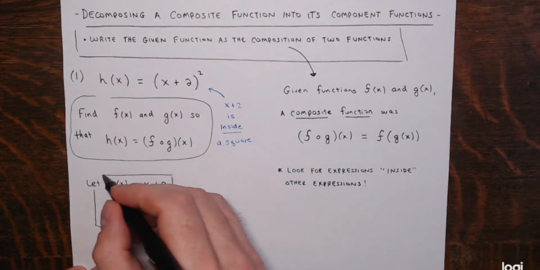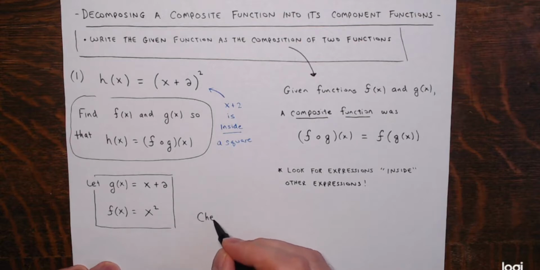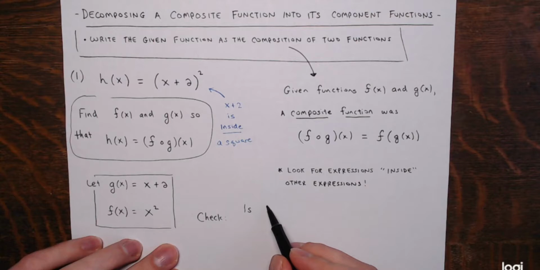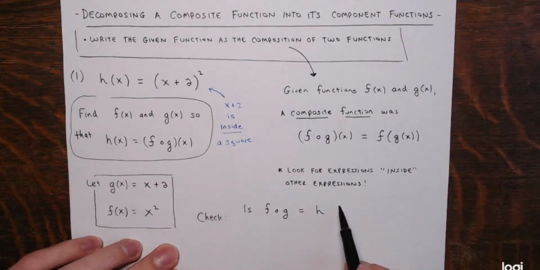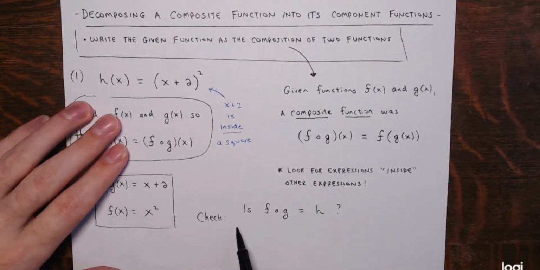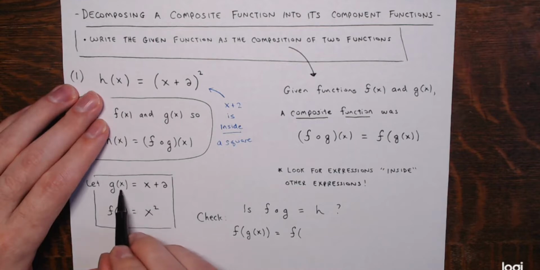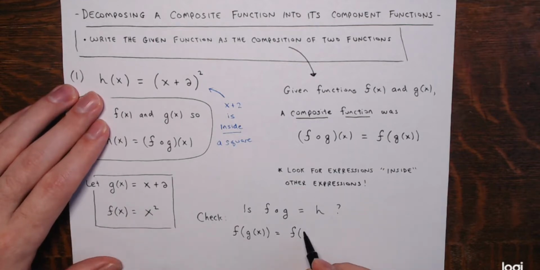Let's check. Let's see if f composed with g is the same as the h that we were given. F of g of x: you put x into g, and based on the way I set this up, g of x is x plus 2.